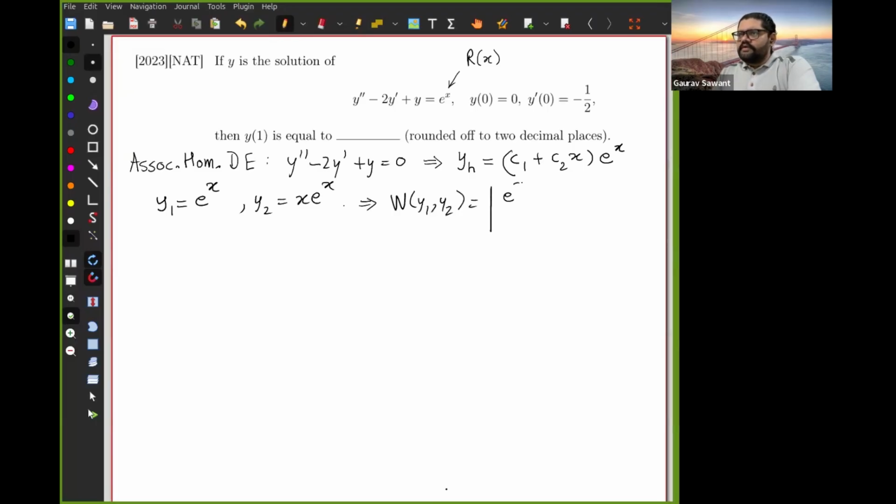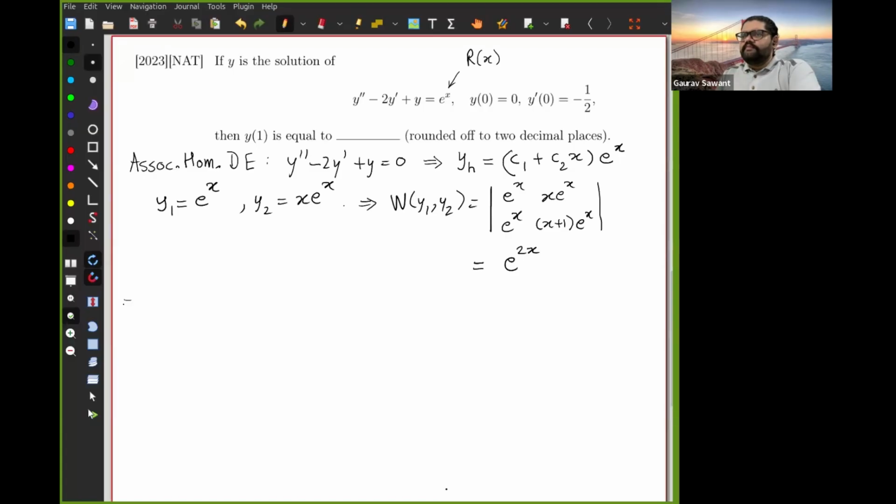So if we do that, we have e^x, x e^x, e^x, and here x e^x plus e^x, so (x plus 1) e^x. And when we calculate that, we end up with e^(2x) as the answer. So e^x times (x plus 1) e^x is (x plus 1) e^(2x) minus x e^(2x). So the x cancels out and we are left with 1 times e^(2x). So that survives. All right.